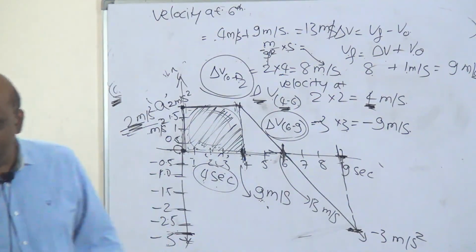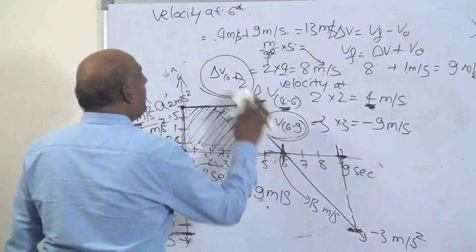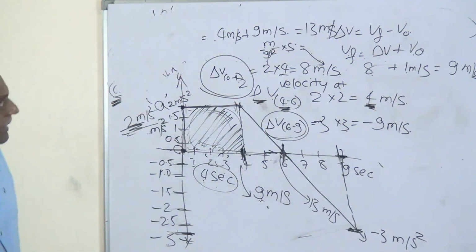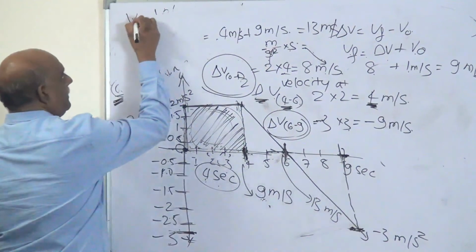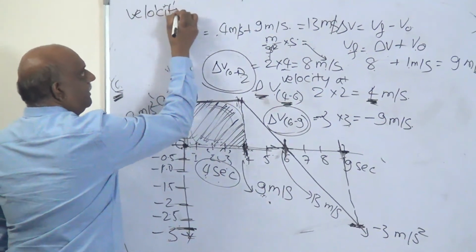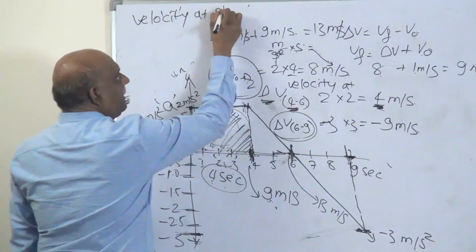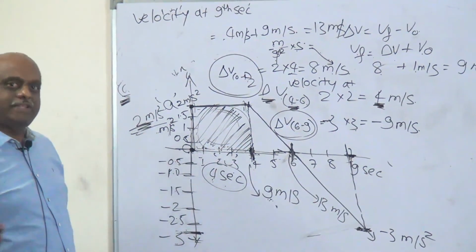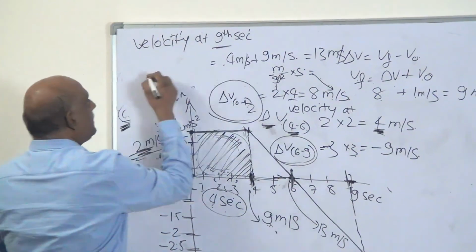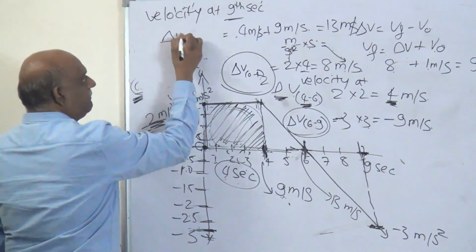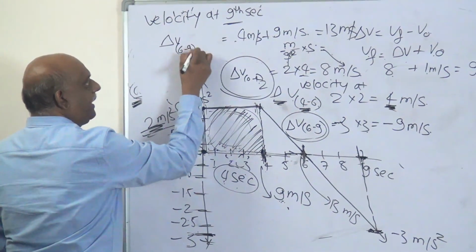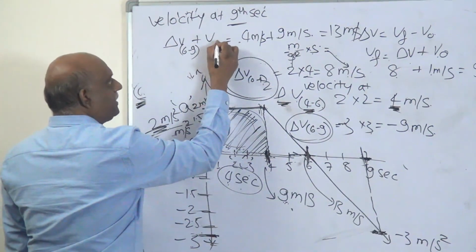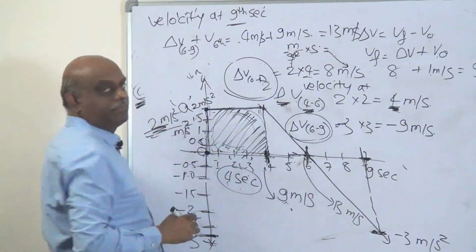Now my next question is, what is the velocity at 9th second? 9th second I asked you a question. How will you answer? Very simple. Velocity at 9th second is change in velocity from 6th to 9th second plus the velocity at the 6th second.